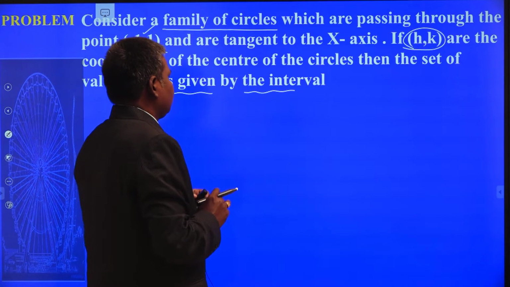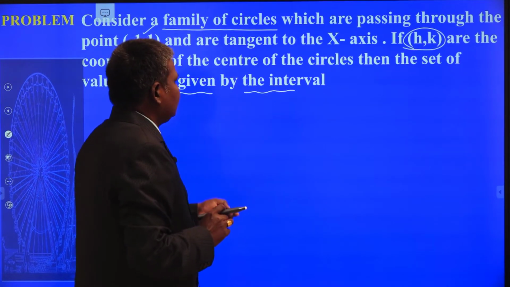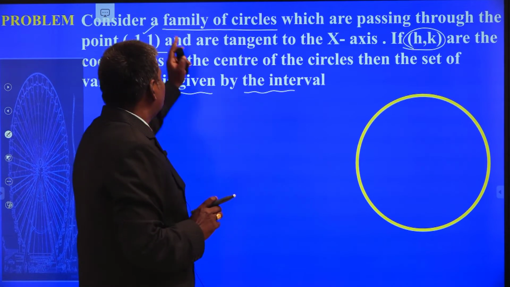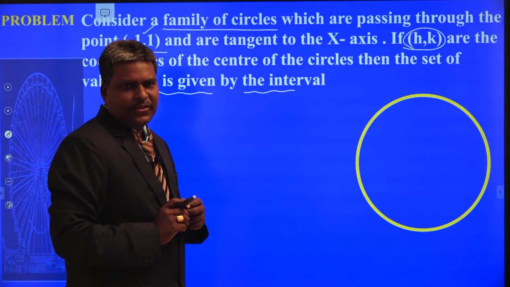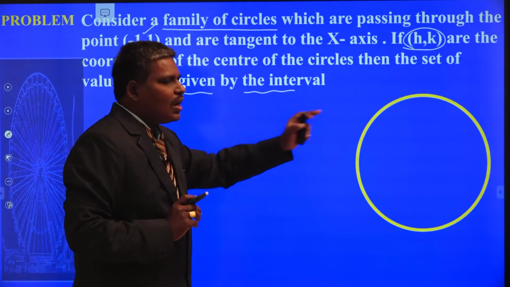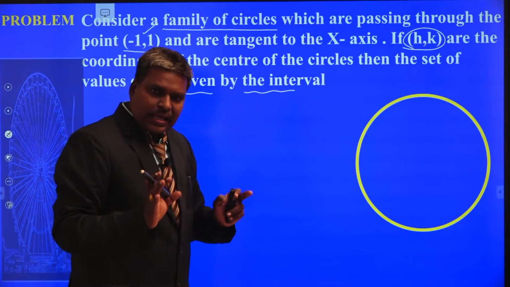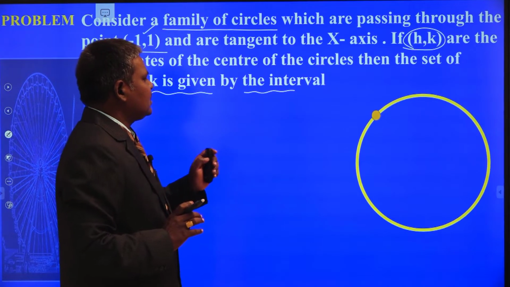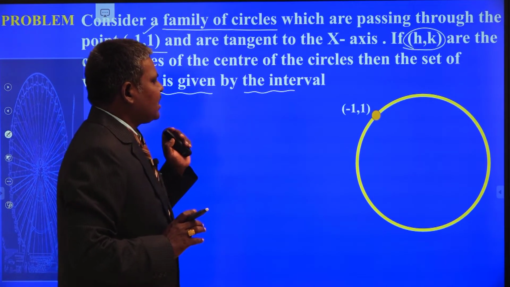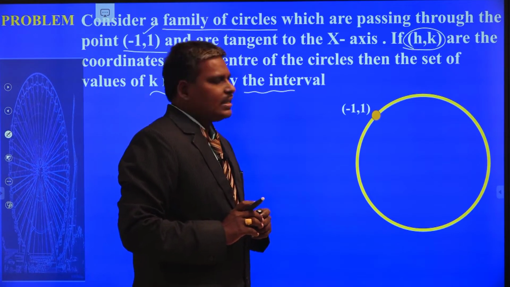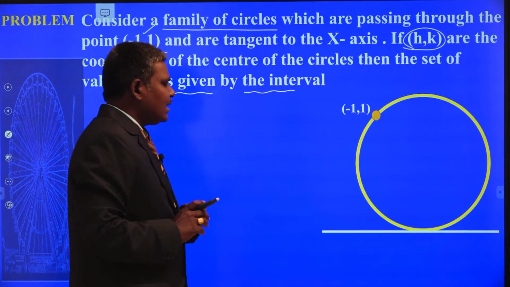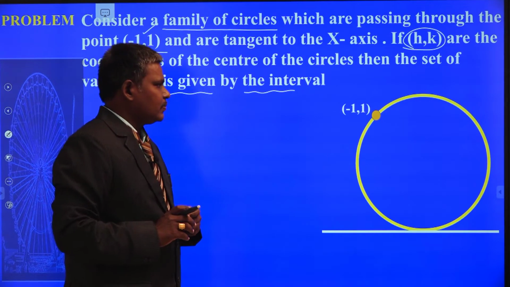This is your question. Try to draw the figure. This is one of the circles of your family of given circles. What is the role of the circle? The circle passes through your point minus 1 comma 1. This is the point, that is minus 1 comma 1. At the same time, this touches the x-axis.